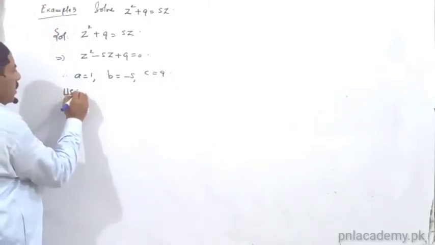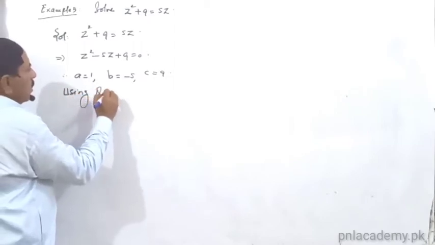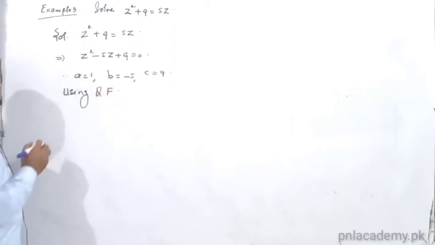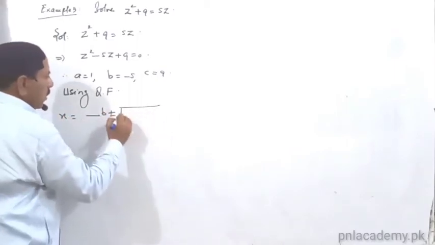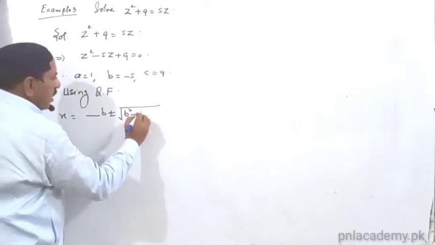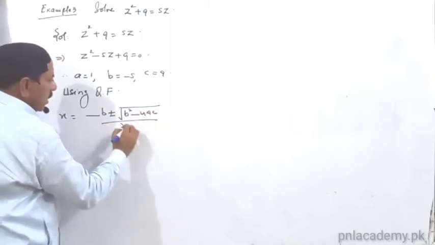Using the quadratic formula, the value of x is equal to minus b plus minus radical b square minus 4ac upon 2a.